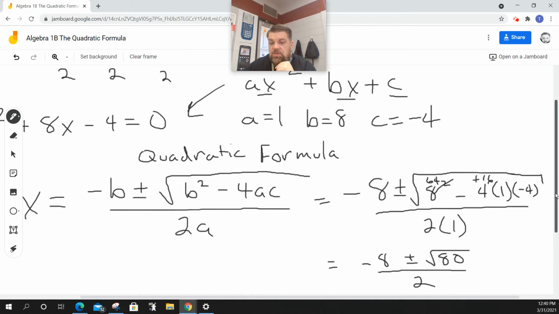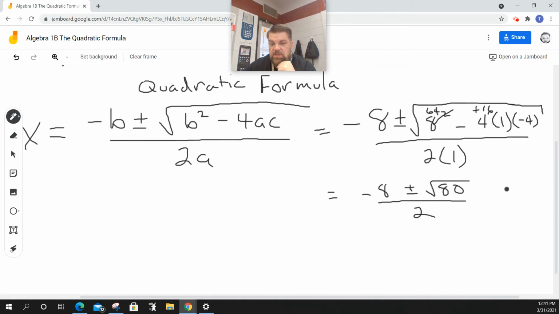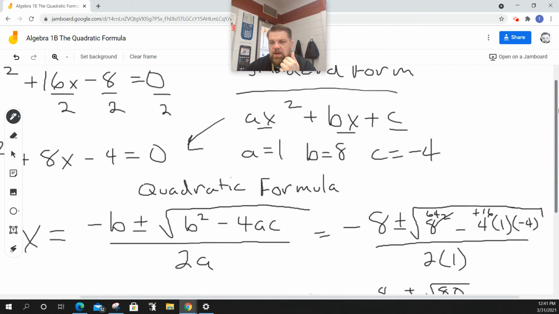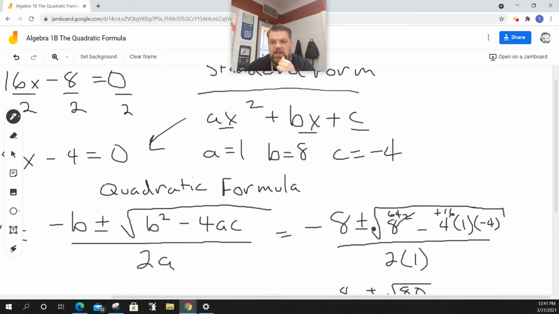So this is going to have lots of parts to it. The square root of 80, remember, and this is all the value of x, right? So remember that could be reduced. So I'm going to go up here, find a little space, and see if I can reduce the square root of 80.